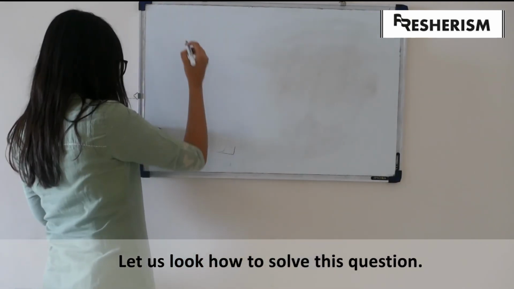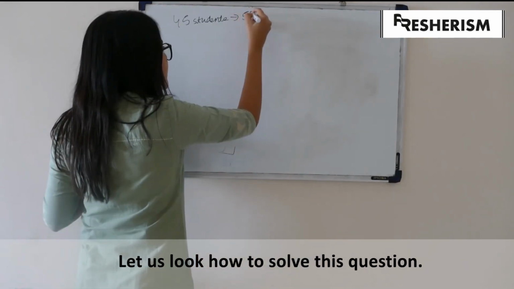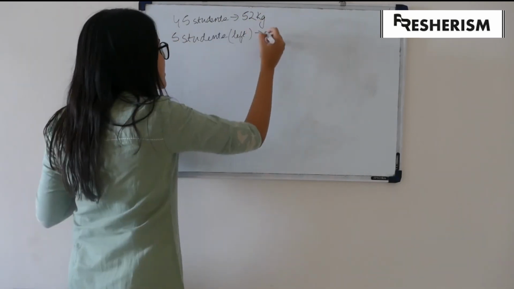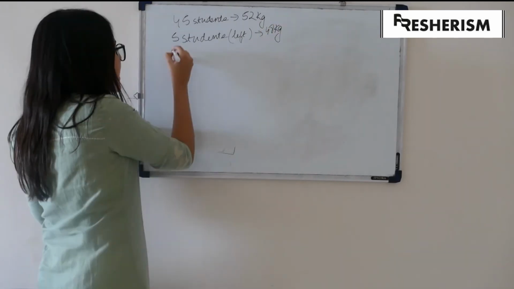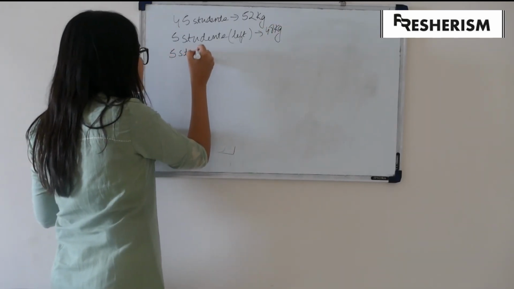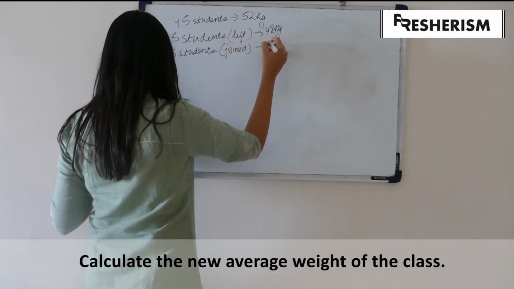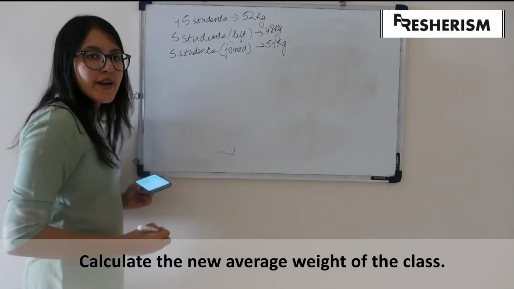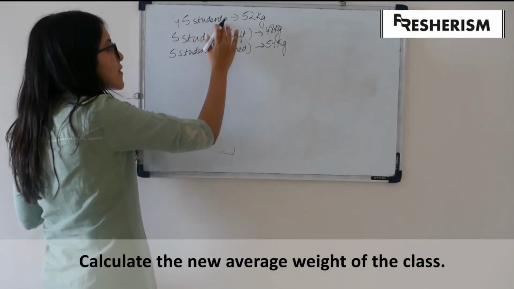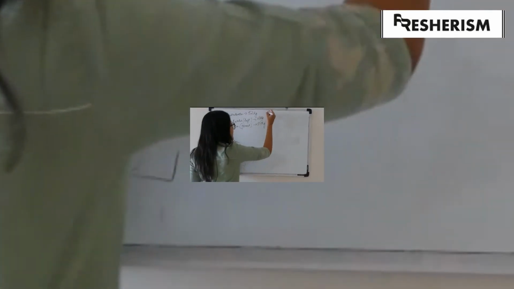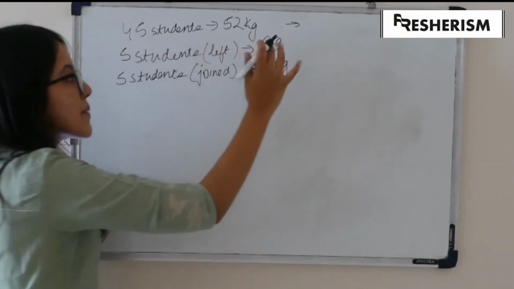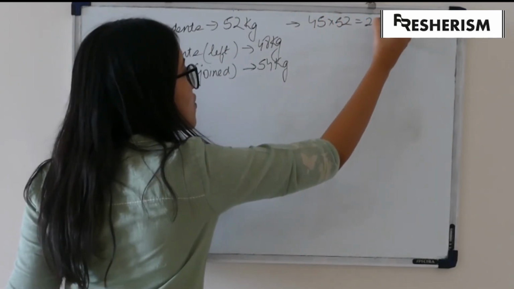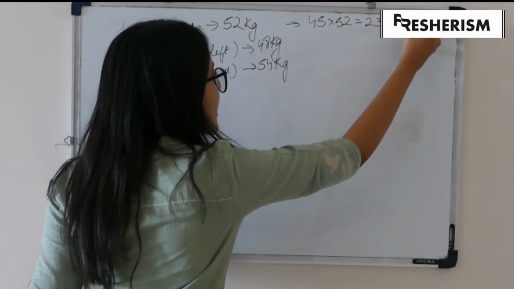The average weight of 45 students is 52 kg, and the 5 students who left the class had an average weight of 48 kg. Then 5 students who joined the class had an average weight of 54 kg. Now we are required to find the new average weight of the class. Since the average weight of 45 students is 52 kg, the total weight of 45 students will be 45 into 52, that is 2340 kg.